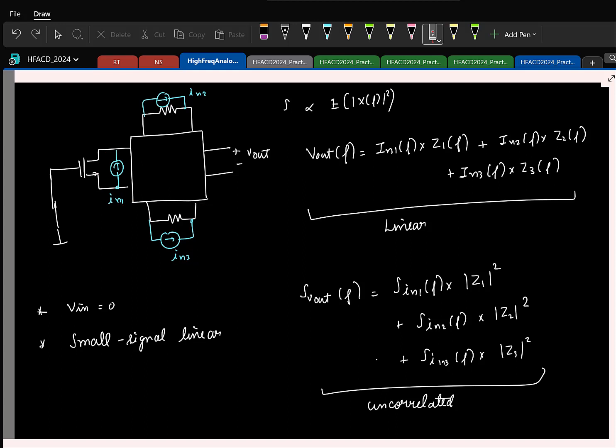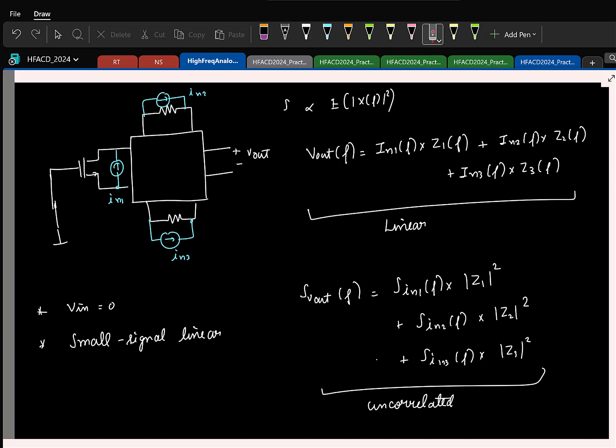Then the total noise PSD is the first noise PSD times the corresponding transfer function squared, plus the second, third, and so on. This is okay? Fine? Okay. So now you know how to find the noise power spectral density at the output.